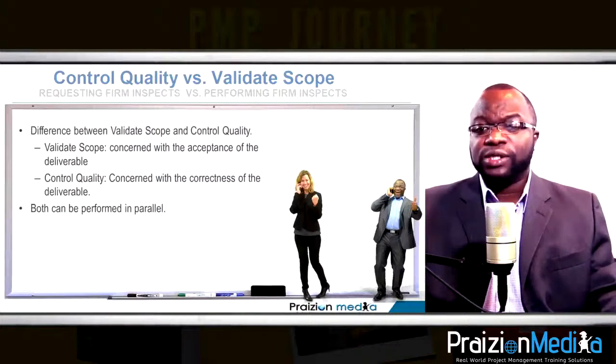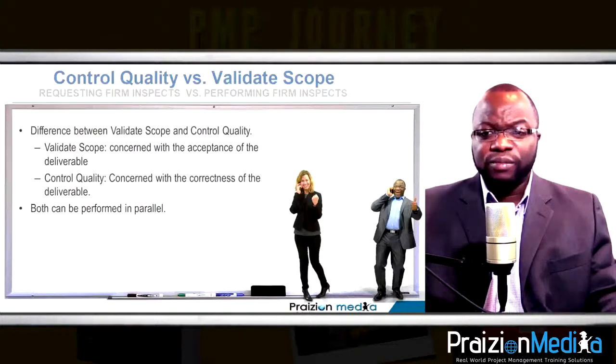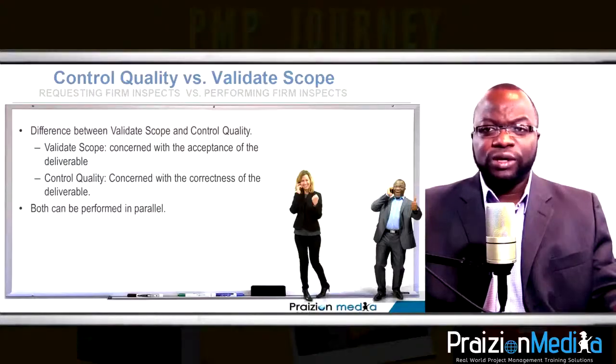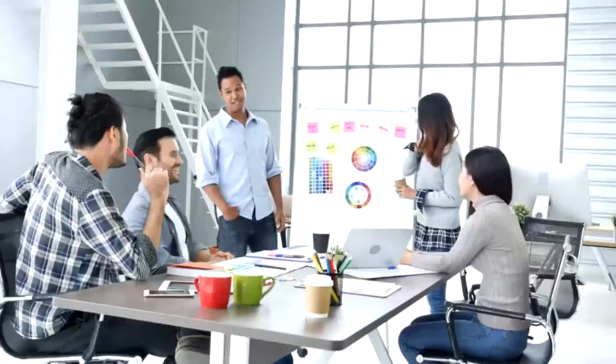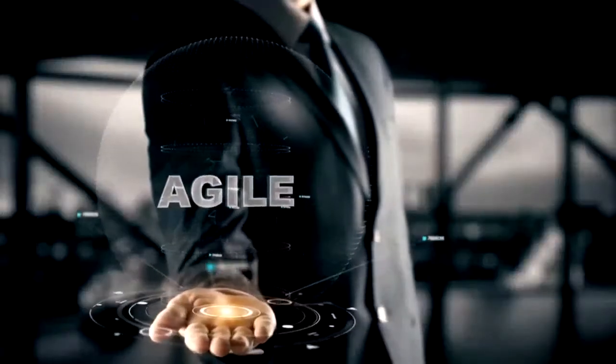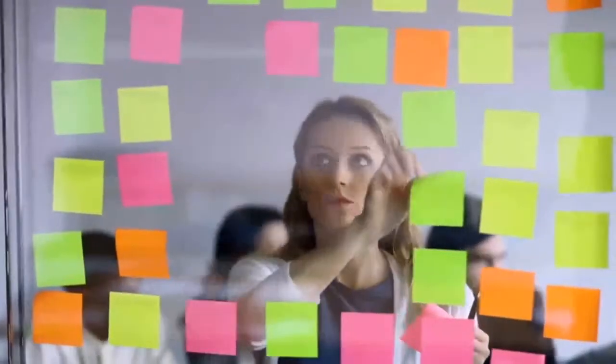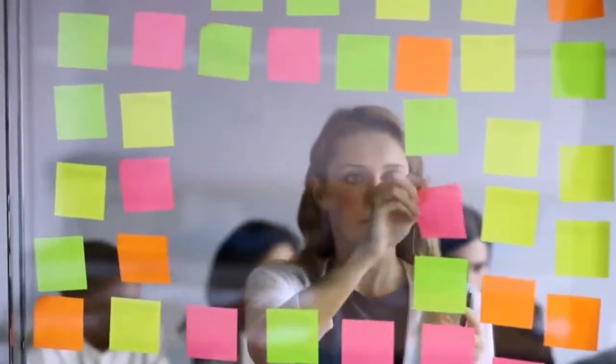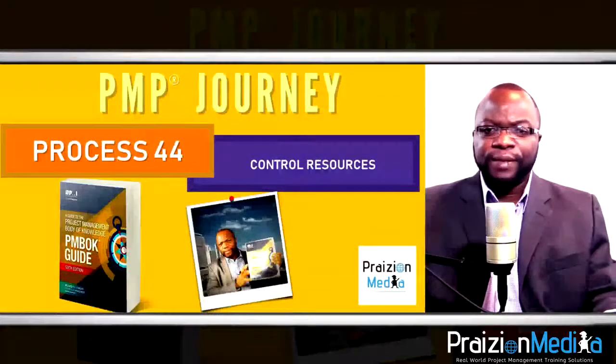These two processes could actually be done in tandem. Check the work internally, send it to the customer the very next minute or the next day, or in parallel, in incremental chunks. Remember, the world of Agile is also talked about in the PMBOK guide, and you also need to think about doing this in an iterative fashion.